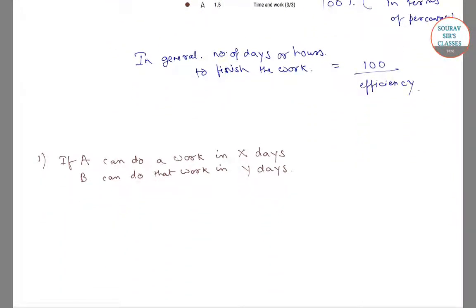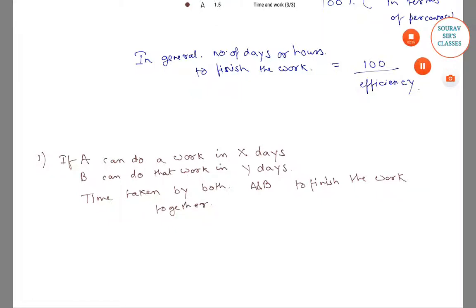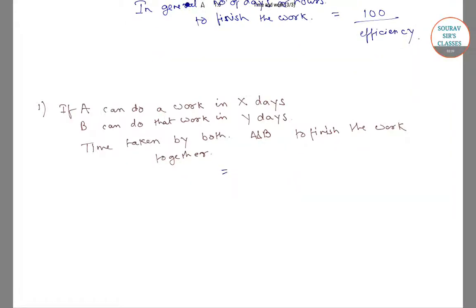The first one being, suppose A can do a work in X days and B can do the same work in Y days, then the time taken by both A and B to finish the work together is equal to X into Y divided by X plus Y days.